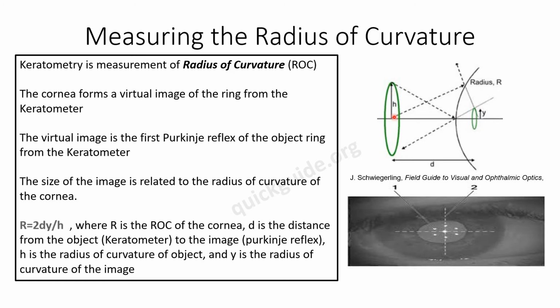So y is the image height, h is the object height, and d is the distance. Radius of curvature is 2 into d into y divided by h.